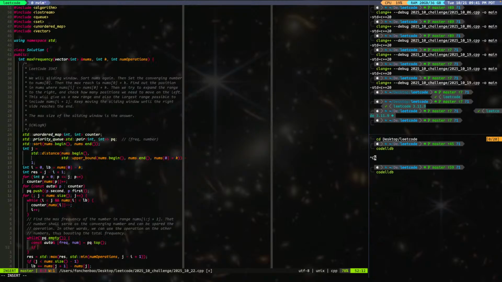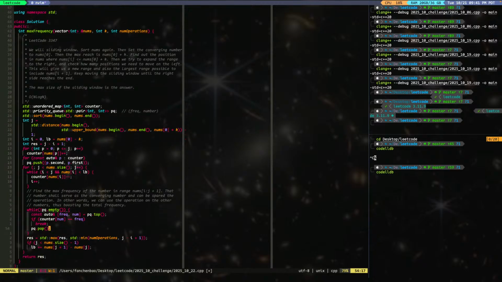We say if counter num is not equal to frequency, then otherwise if it's equal, which means it's a match, then we'll break. Otherwise, pq.pop. Which means counter doesn't match because counter changes but the top doesn't change, so we just pop, pop, pop until we find something that's equal.